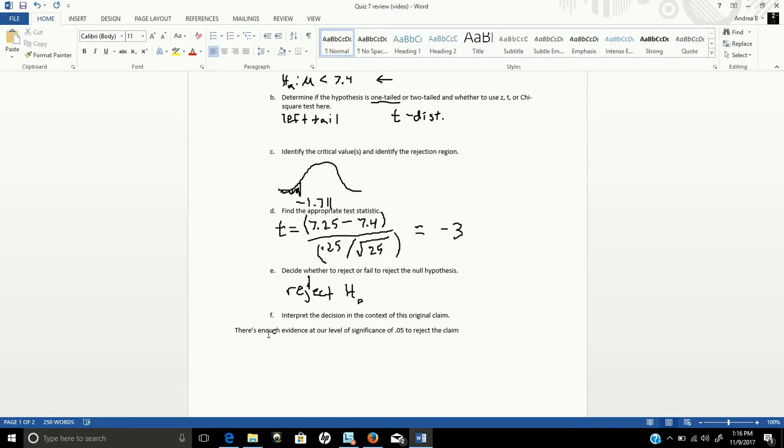In this case, the claim was the null hypothesis. So if you're rejecting the null, then you're also rejecting the claim.